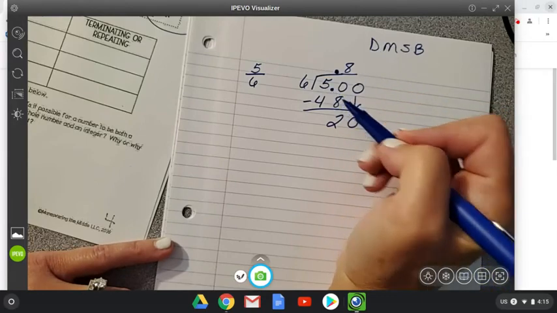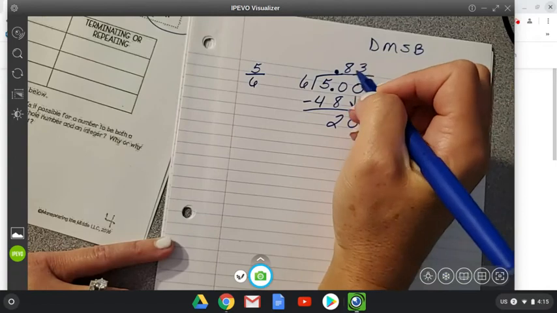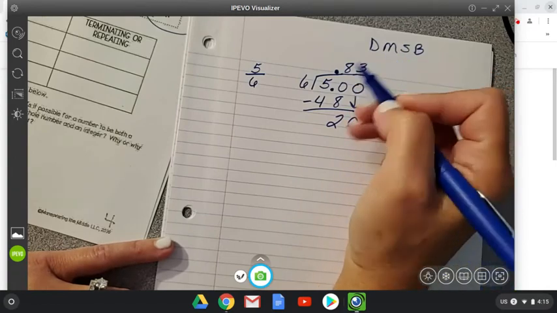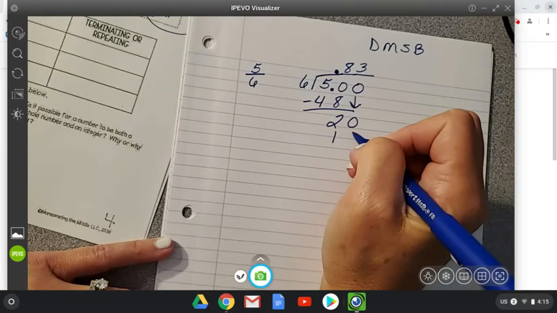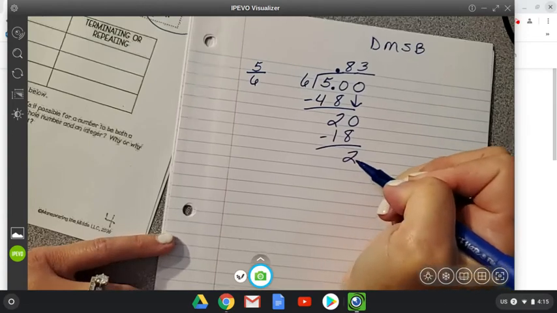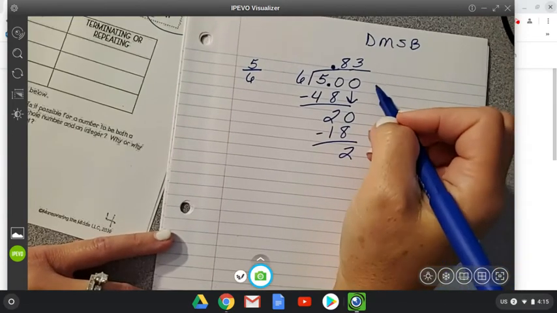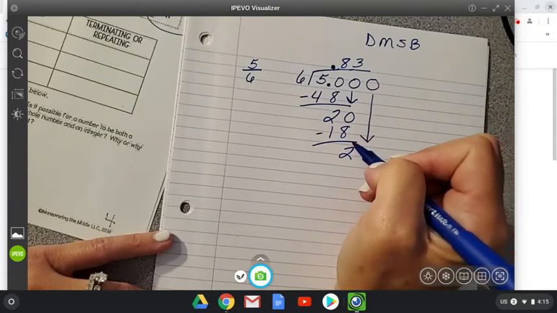Okay, 6 divided into 20 is going to be 3. And now you multiply. 6 times 3 is 18. And then we subtract. 20 minus 18 is 2. And now we're to bring down. And we have nothing to bring down, so we put a 0. We bring down the 0.